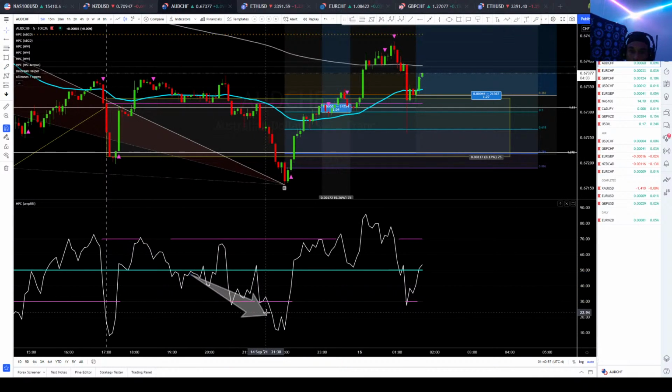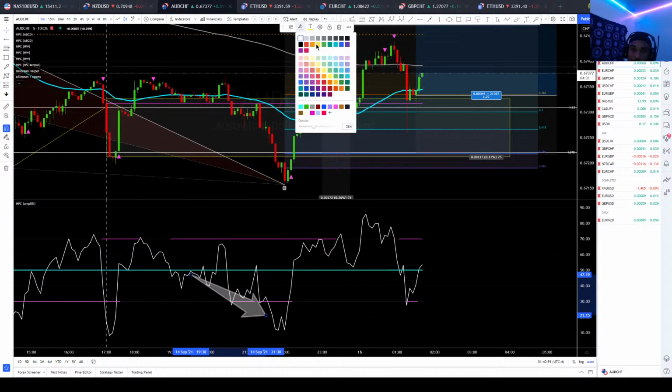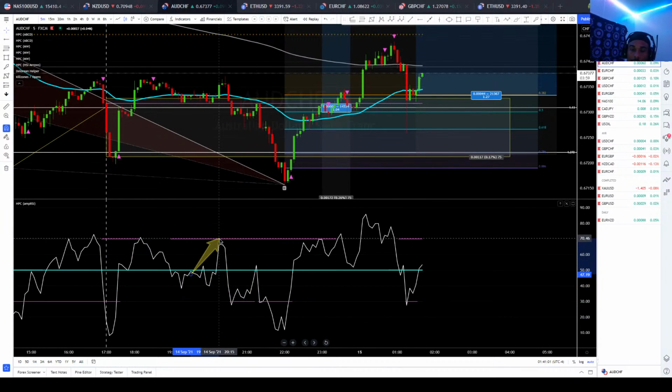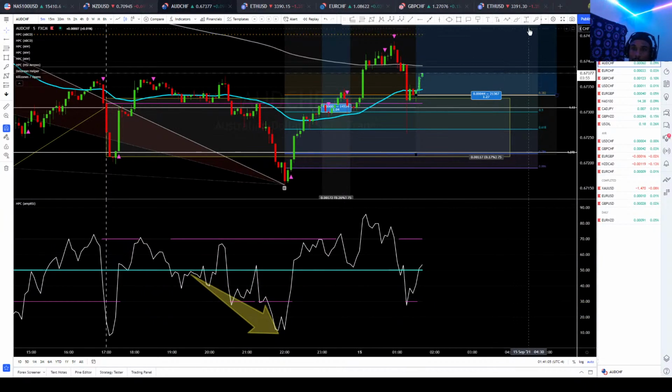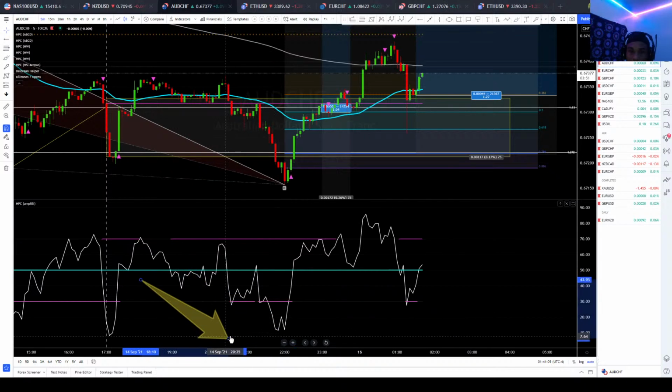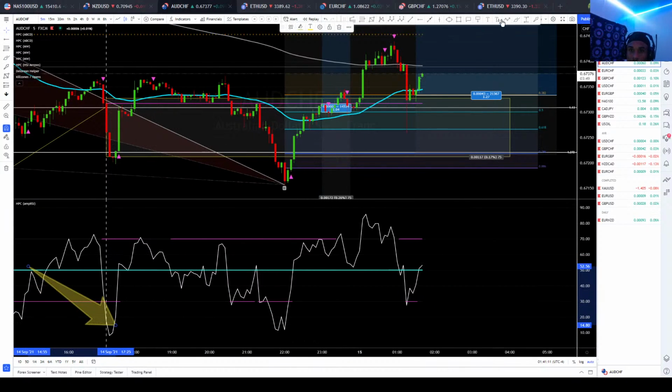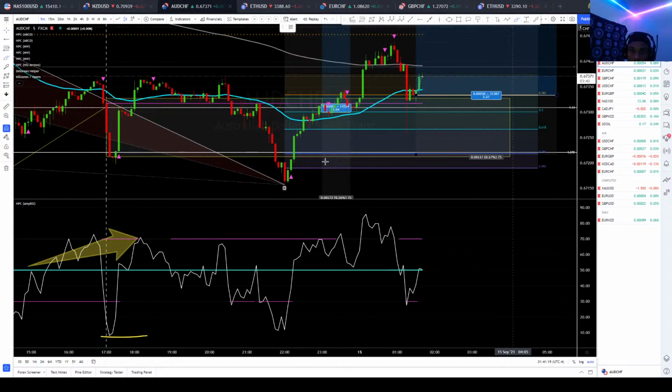Okay, let's say price comes down, makes a low, price goes up, makes a high. Try to do this as fast as possible. When it makes that high, right, notice what the pink line is.